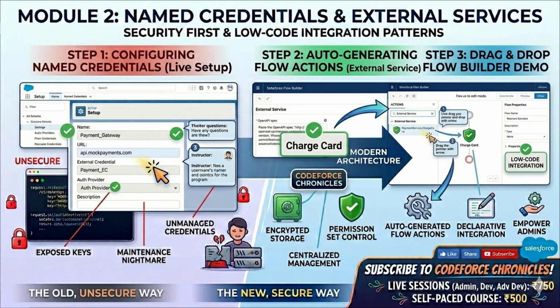Name it payment sales service. Select your payment gateway named credential and paste or upload the API's OpenAPI specification schema. Click Next and Salesforce will parse the schema and say, this API has a method called charge card that expects an amount and a card number and returns a transaction ID.